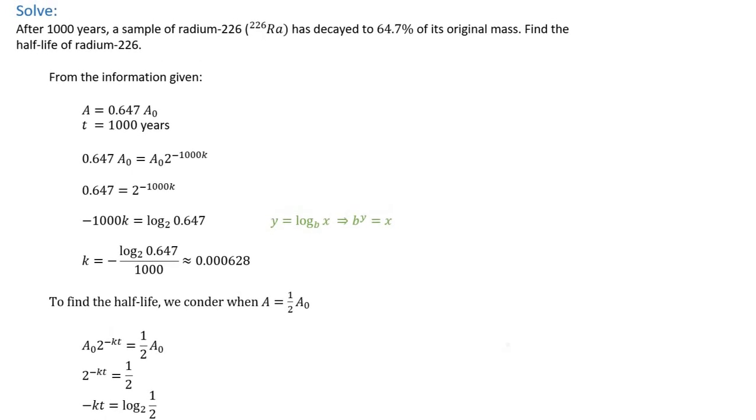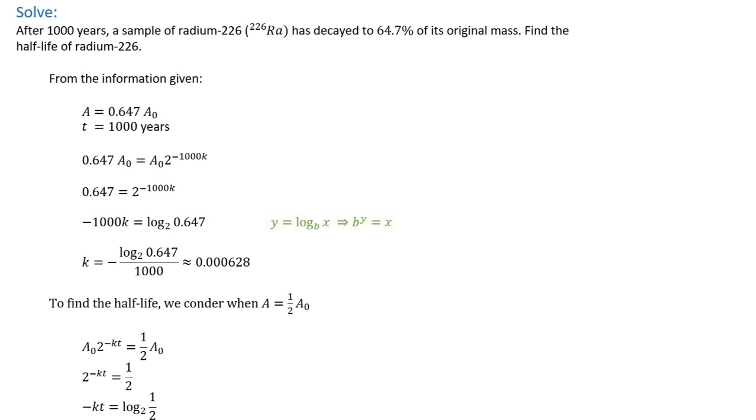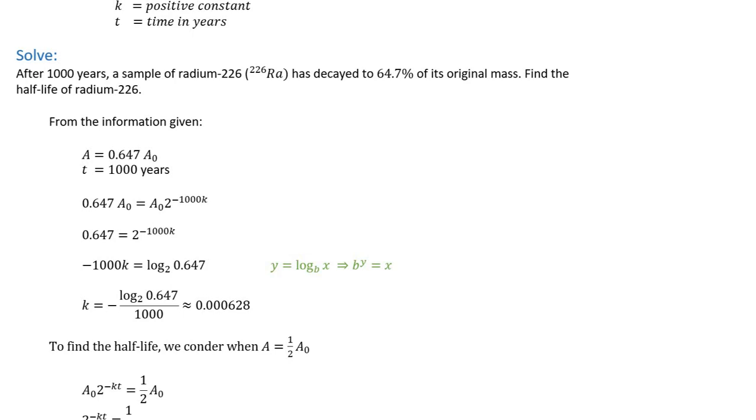So from the information we are given, the amount after a period of time is 0.647 of the original amount. So that's 64.7% of the original amount. And the time we're interested in is 1,000 years.